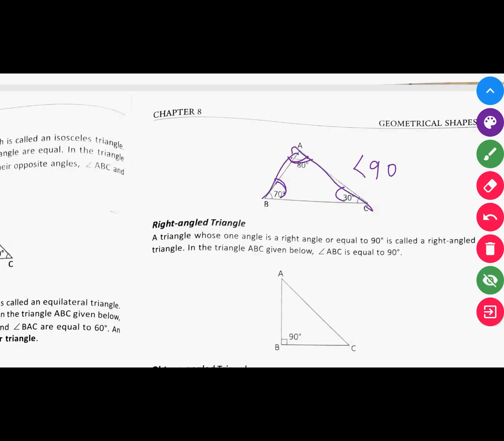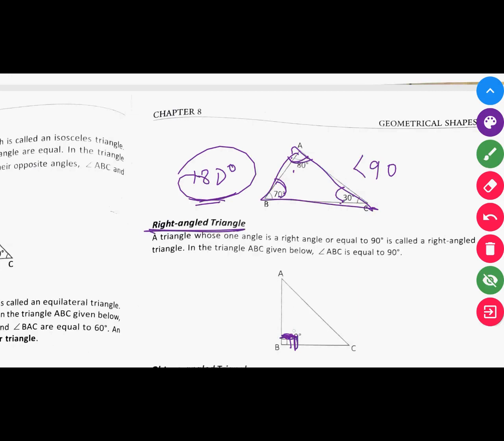So this triangle is known as an acute angle triangle. If we add 70, 30 and 80, the total is 180. So if all three angles are less than 90 degrees, then it is known as an acute angle triangle. If one of the angles is of 90 degrees, then it is known as a right angle triangle.